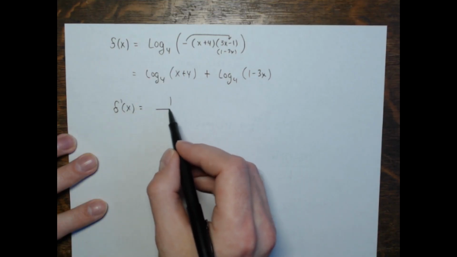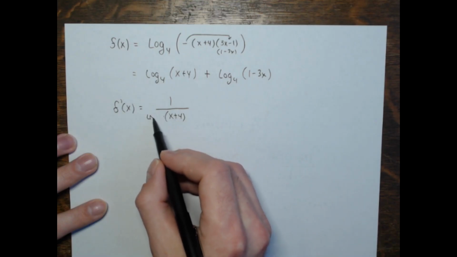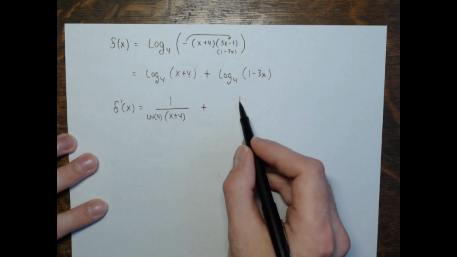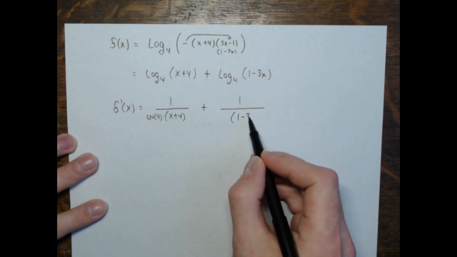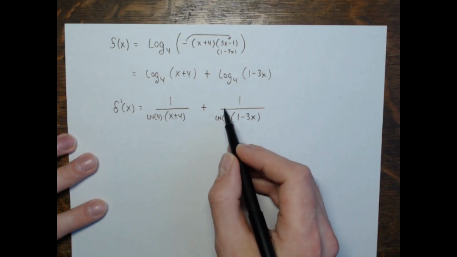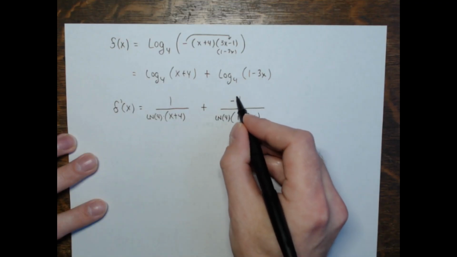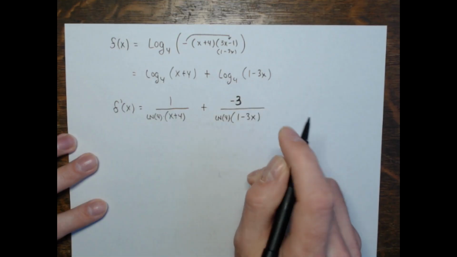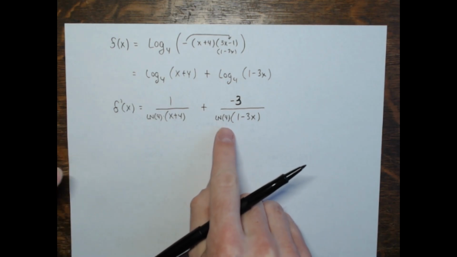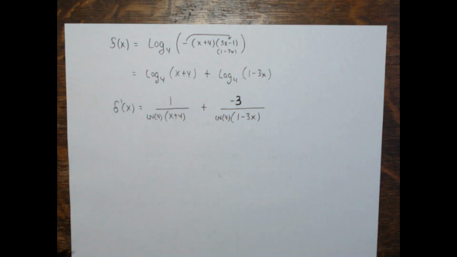This would be 1 over x plus 4, but then times that natural log of 4 down there, then plus 1 over 1 minus 3x, still times the natural log of the base, natural log of 4 down here, but then times the derivative of 1 minus 3x, which would be -3, so I'll turn the numerator up here into -3. And like I did before, I'm going to factor out this 1 over log 4, so I don't have to type it twice.